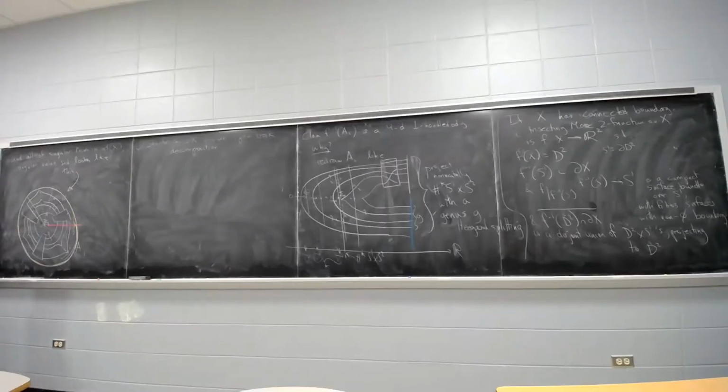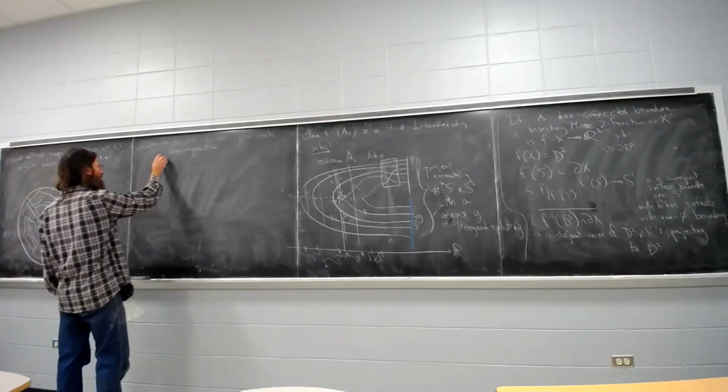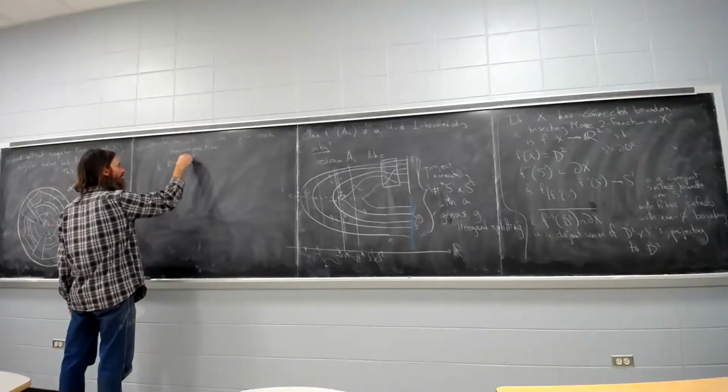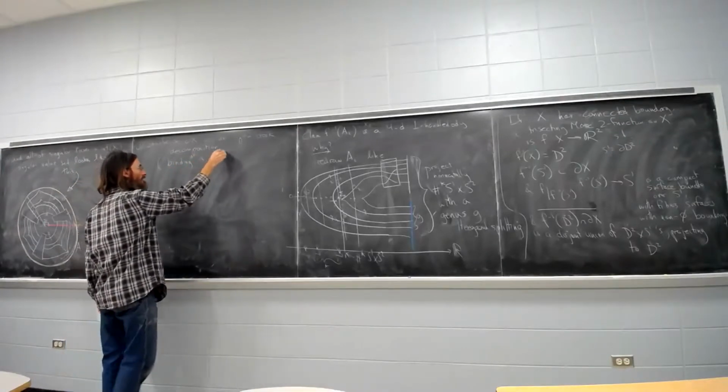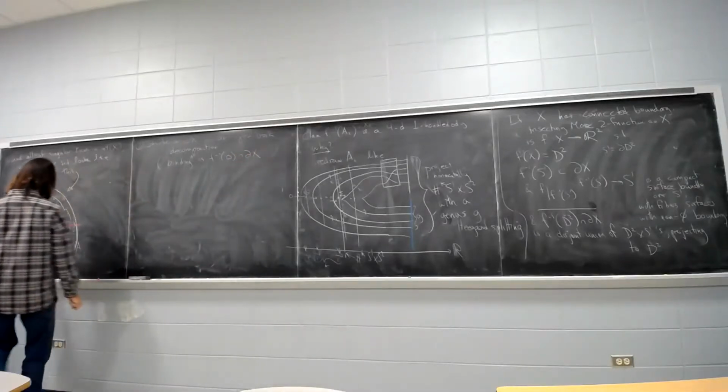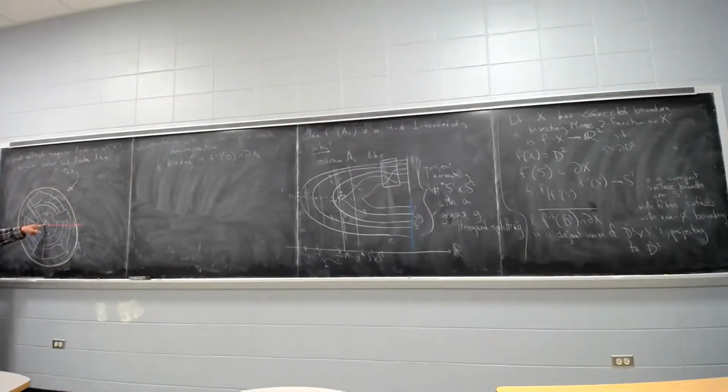Another way to say it is that you can see this binding. F inverse of 0 intersect with boundary X. So F inverse of 0 now is going to be a surface with boundary, and its boundary is some disjoint union of circles in the three-manifold boundary.